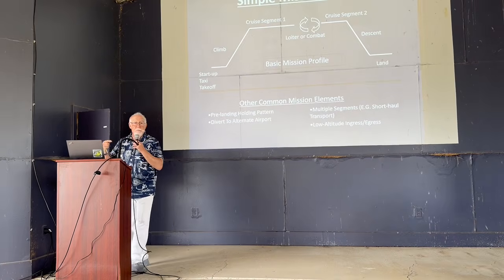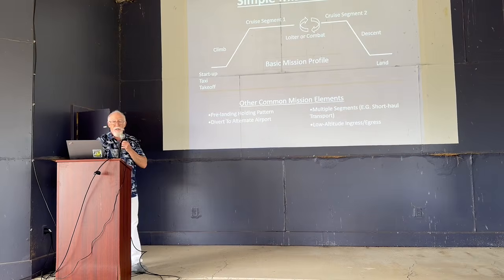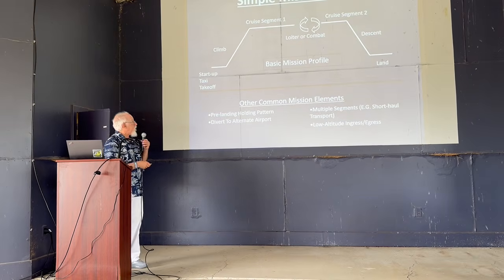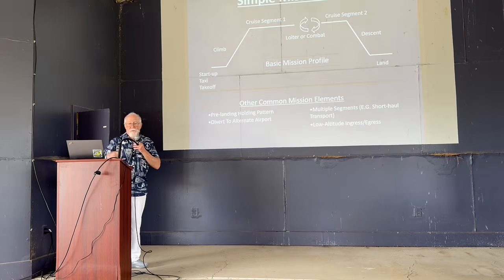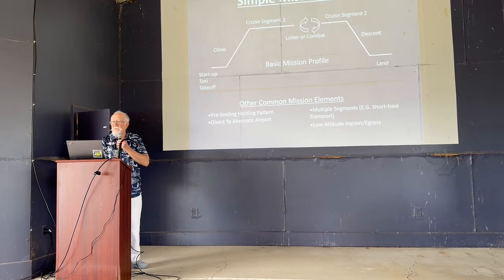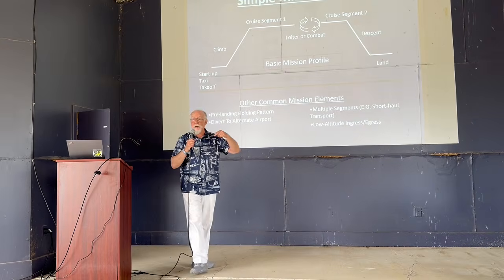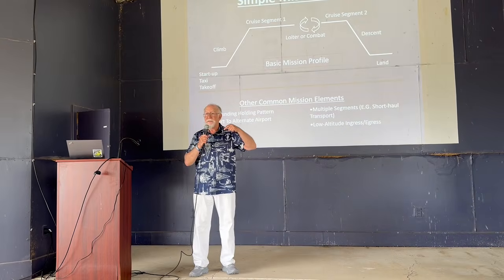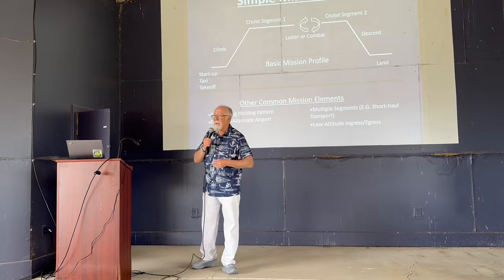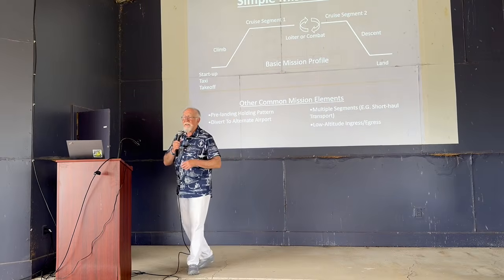Sometimes it's back at the original base. Sometimes if it's just a cross-country mission, it's at your destination. And you have to look at other things. Like, for example, the standard FAA IFR mission has a 20-minute hold and a divert to an alternate airport built in. So there'll be things like that.